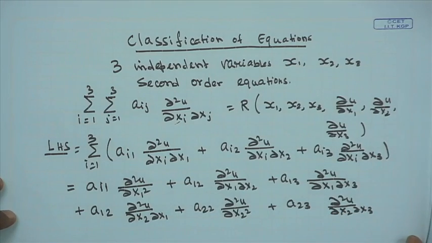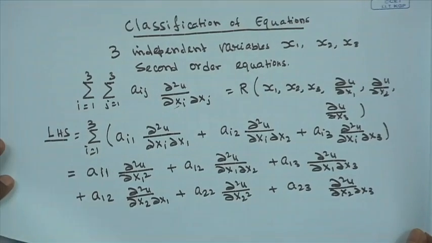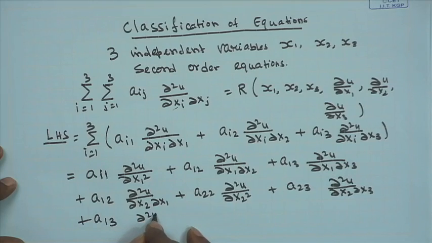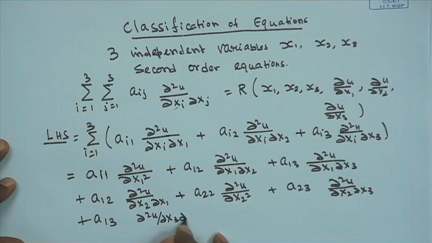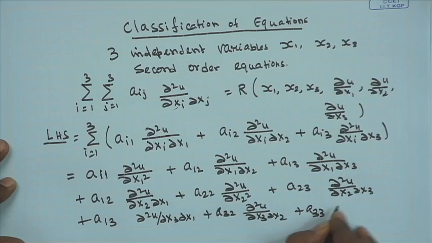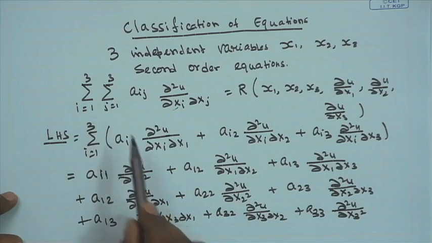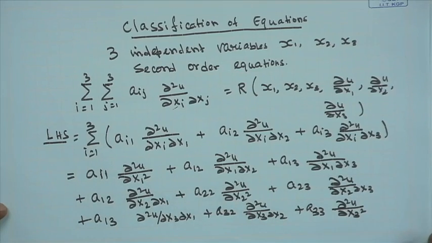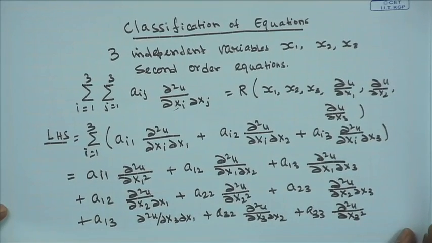The third term will be a_31 del square u del x_3 del x_1 plus a_32 del square u del x_3 del x_2 plus a_33 del square u del x_3 square. So, we open up both the summation terms over i and over j, and we have obtained the 9 terms of order 2 of the partial differential equation.